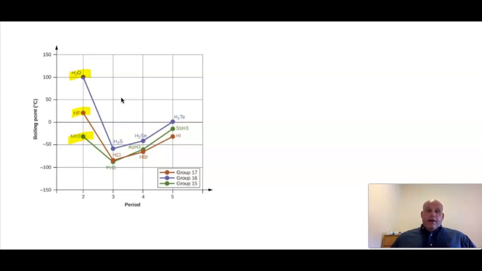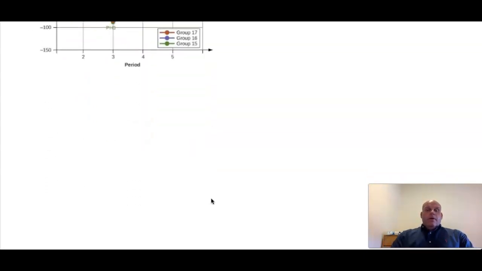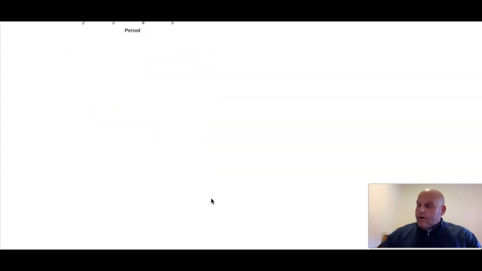And then from there, they start to change, as we saw from an earlier graph. They will increase, but more gradually, as London dispersion forces get stronger because our molecules are getting larger, with more electrons in the mix. So that wraps up our introduction to intermolecular forces.